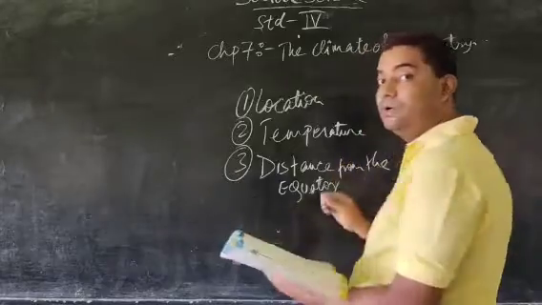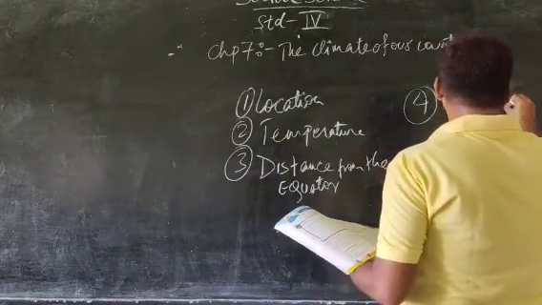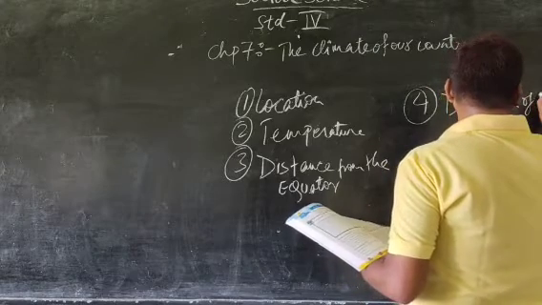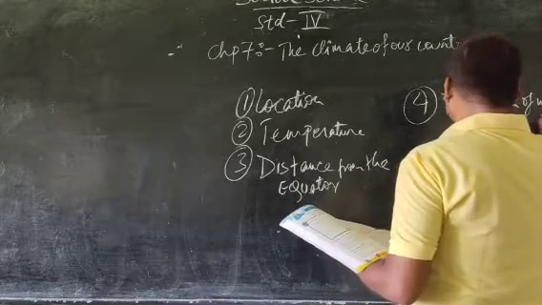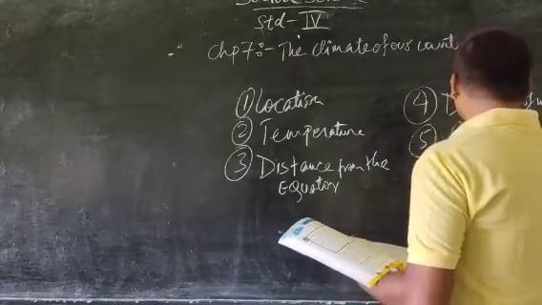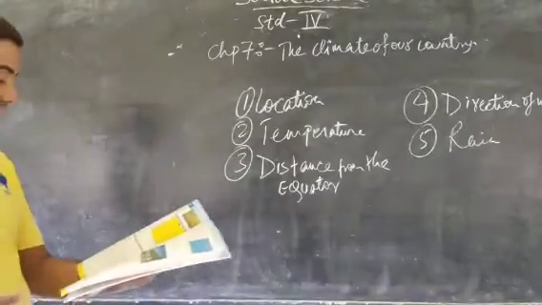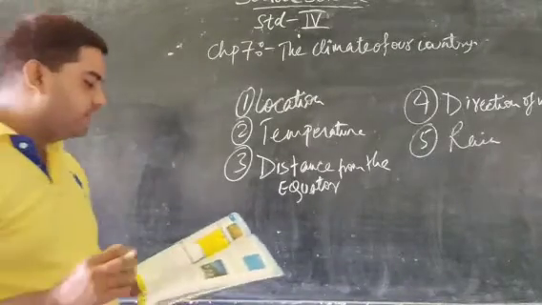Fourth, we have direction of winds. And last, we have rainfall. That is the rain. So these are the 5 factors, my children, which affect the climate of an area.